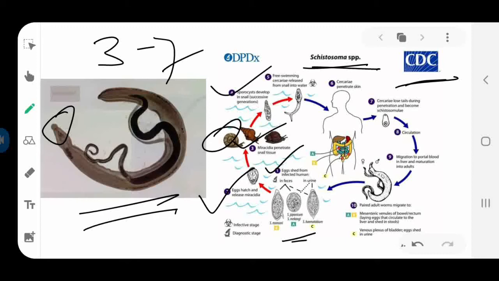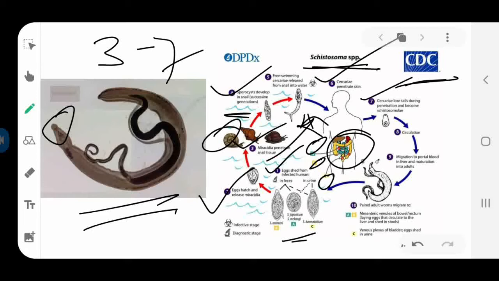In the fourth stage, sporocysts develop in the snail. In the fifth stage, free swimming cercariae are released from the snail into water. In the sixth stage, cercariae penetrate the skin, by which they affect the skin and the digestive system of human beings.